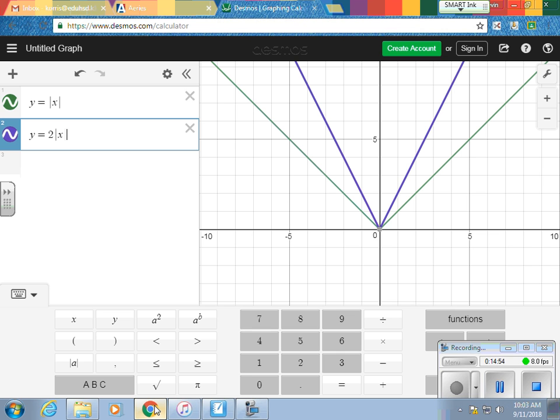It doesn't have to be exactly the perfect amount of skinniness or the exact amount of wideness, but it has to be wider than normal, or obviously skinnier than normal. That's what I'll be looking for. And does it point up or down properly? That's the other thing I'm looking for. Okay? So I want to be clear on that.